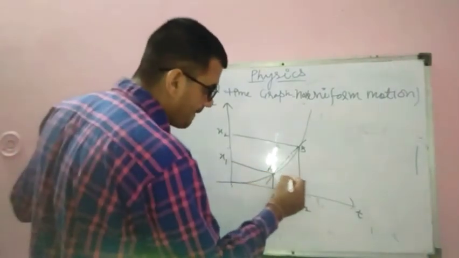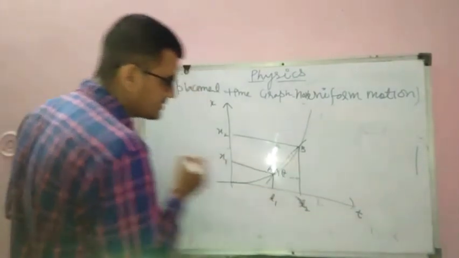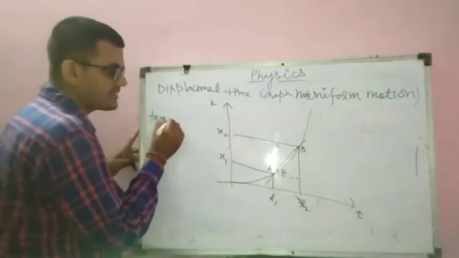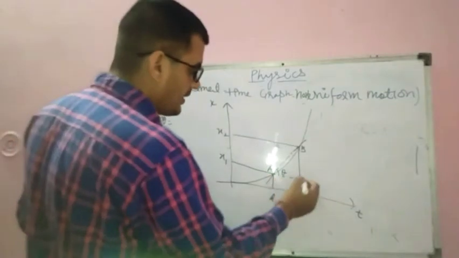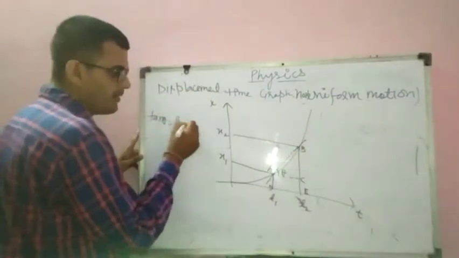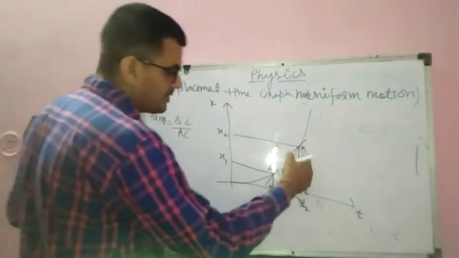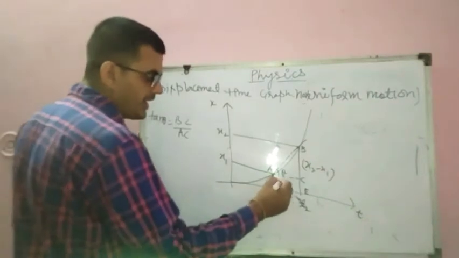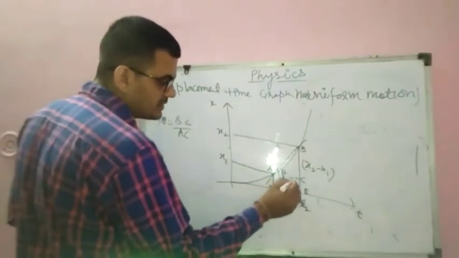Join these two. Let this angle be theta. Tan theta equals BC over AC. What will be BC? It will be x2 minus x1, as in the previous one, and AC will be t2 minus t1.